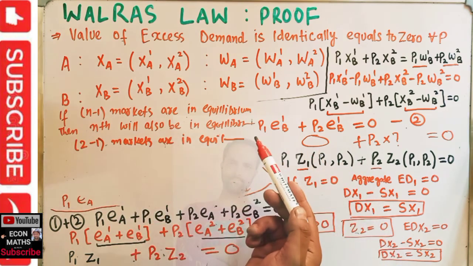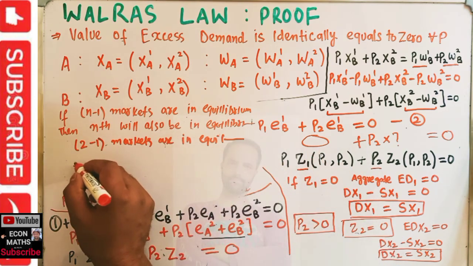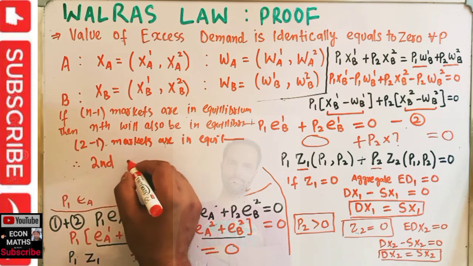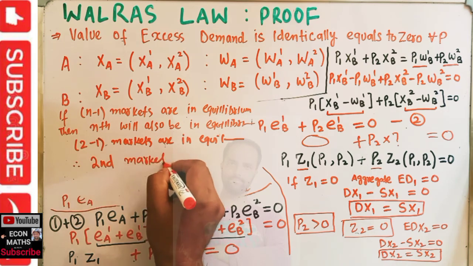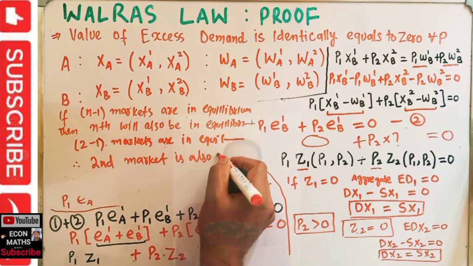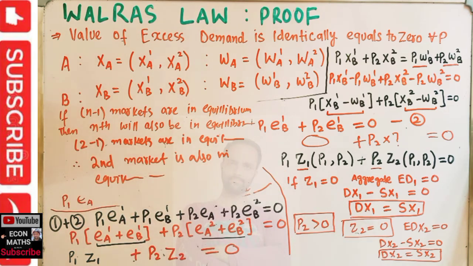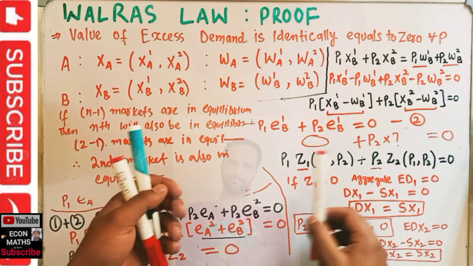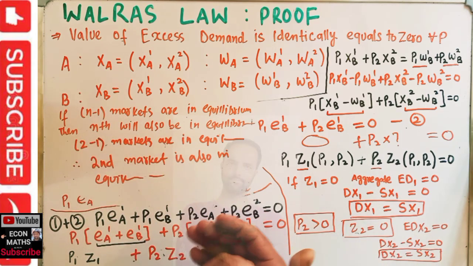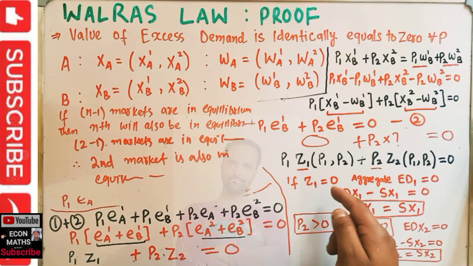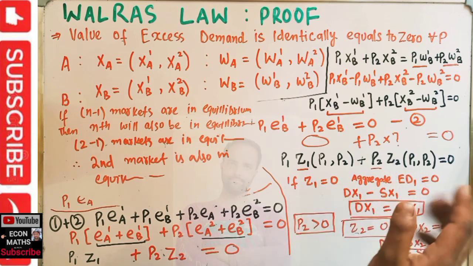So if the first market is in equilibrium, then the second market is also in equilibrium. So this is the implication of Walras law. If we have n markets, in this example we have taken only two markets, market 1 for good 1 and market 2 for good 2. The first market was in equilibrium, then the second will also be in equilibrium because we have only two markets here.